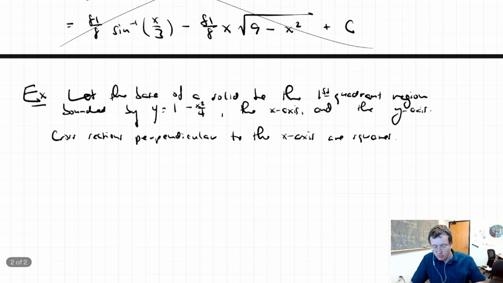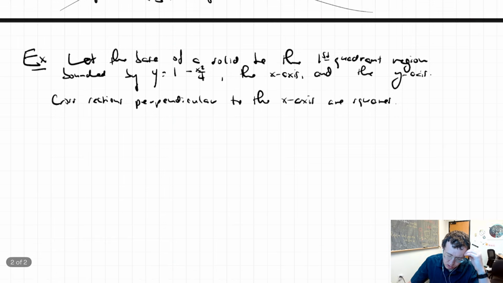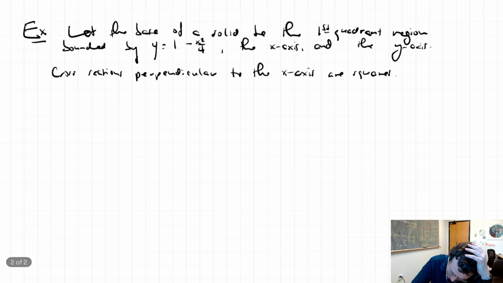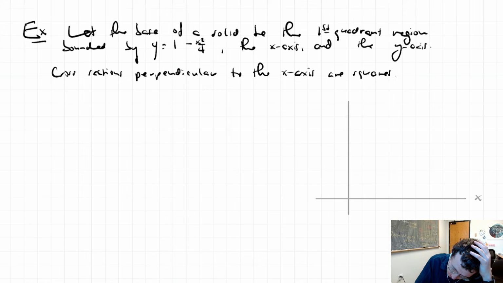Okay, so the first thing that I do is I draw the region. One minus x squared over 4 is the parabola that opens downward.